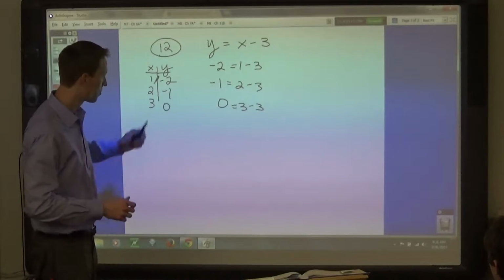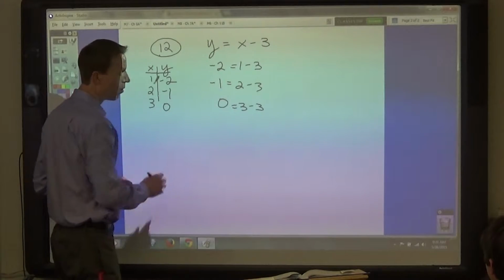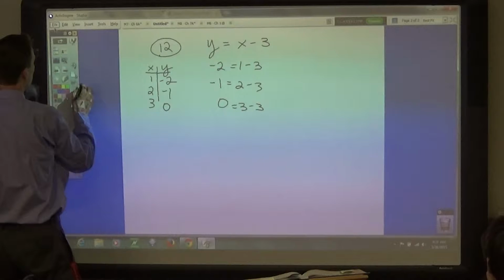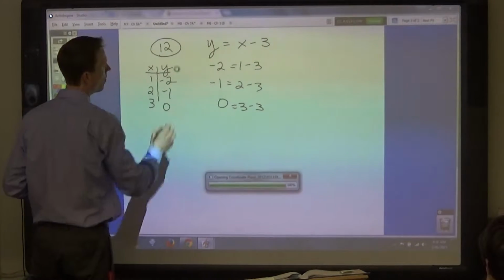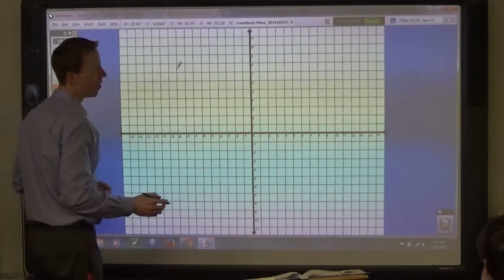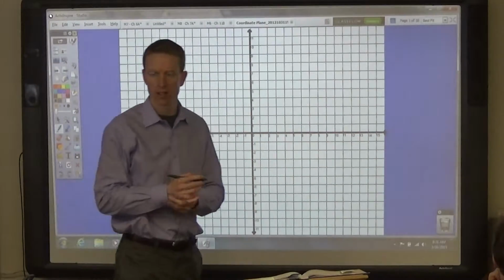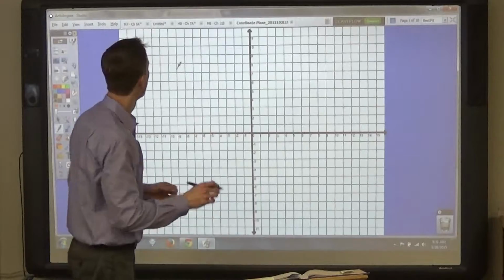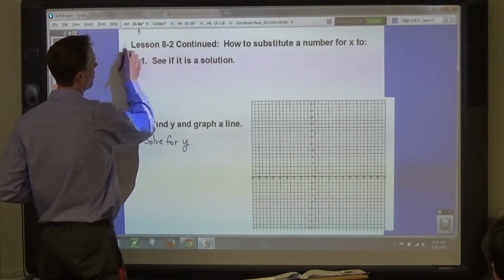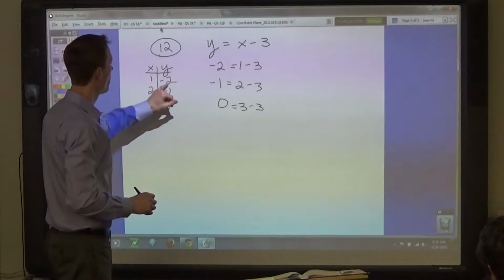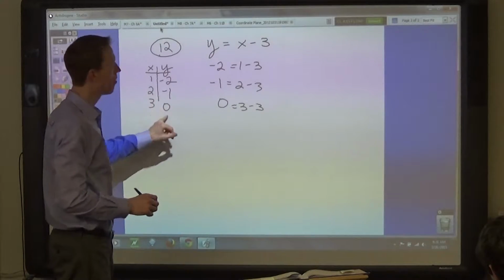Now, I want you to notice something. When we graph these, our points were, what were they again? 1, -2, 2, -1, and 3, 0.